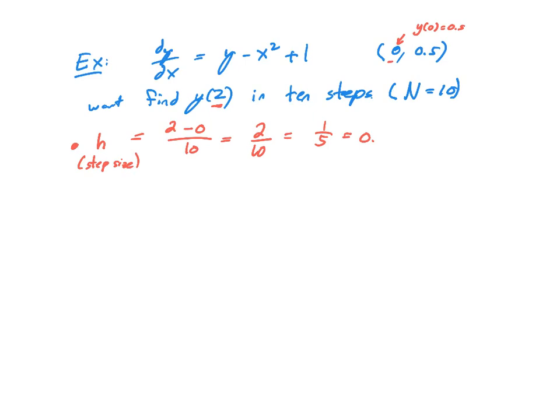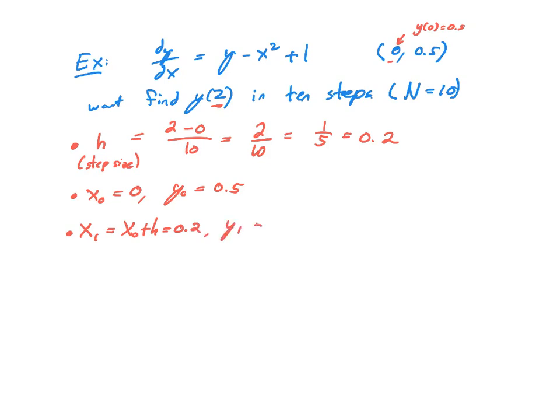And so let's go ahead and start. We start at the point, x naught first. So our x naught is equal to 0, and our y naught is equal to 0.5. The next one, x1, is going to be x naught plus h, which is just 0.2.